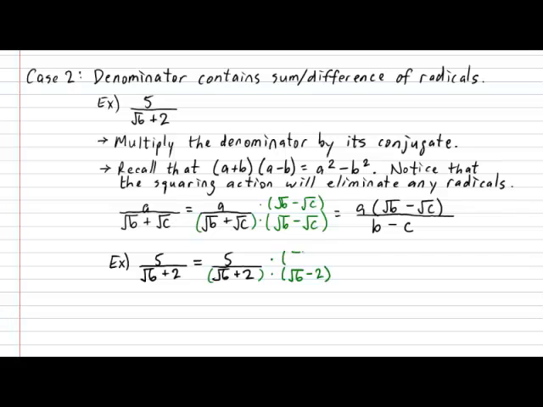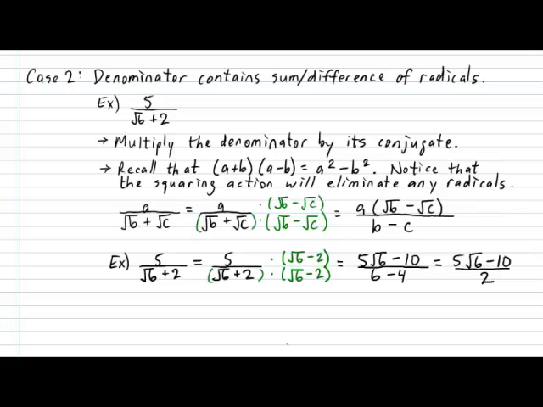Multiplied also by root 6 minus 2. And let's see what this gives us. This will give us 5 root 6 minus 10 all over 6 minus 4. And one final simplification, 5 root 6 minus 10 all over 2. As you can see, the denominator is now not irrational anymore.